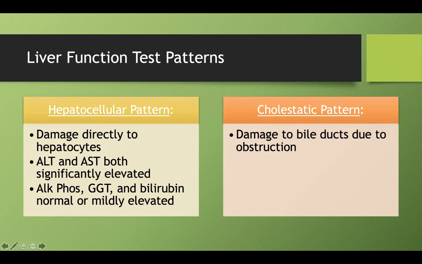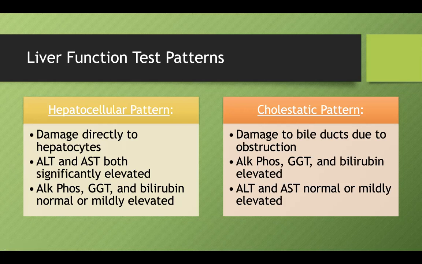What if we see an obstructive or cholestatic pattern? This is happening because of damage outside of the liver, more to the bile ducts or some other obstruction going on. And what's happening here, as we just saw, is that our favorite alk phos, GGT, and conjugated bilirubin are all elevated because they leak out into the bloodstream. They have nowhere to go.